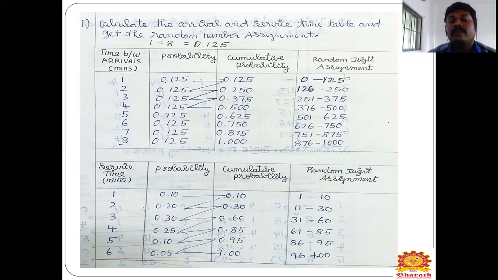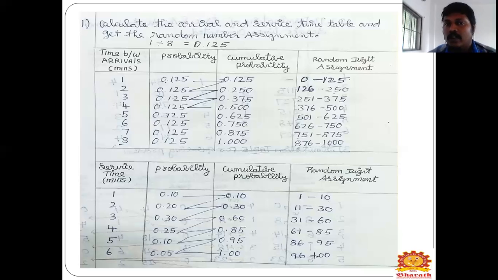Here we have seen that the customer arrival should start from 0. So we are starting from 0. Instead of digits, you convert them into decimal numerals. For the first one you take 0 to 125.